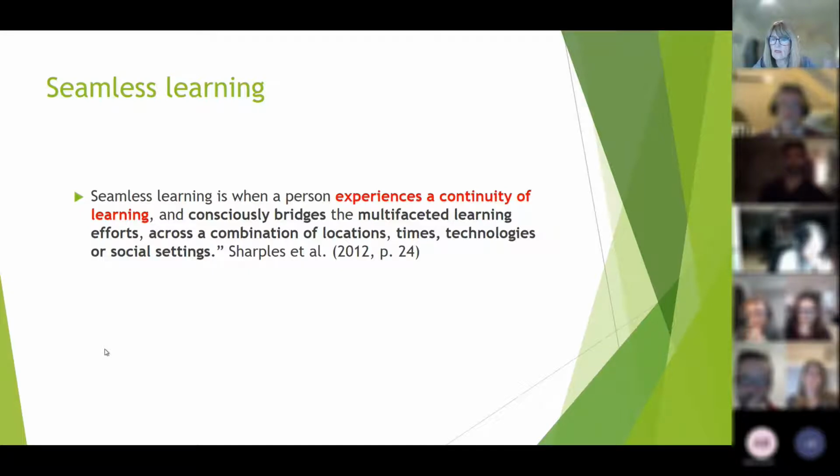So it can be in class, out of class. It can be when you're in the bus, or wherever you are, library or even at home. Anytime, in the morning, evening. It's not a specific time. It can be synchronous, and some parts of the learning can be asynchronous. And then also across technology, so any technology that is available, or social setting.